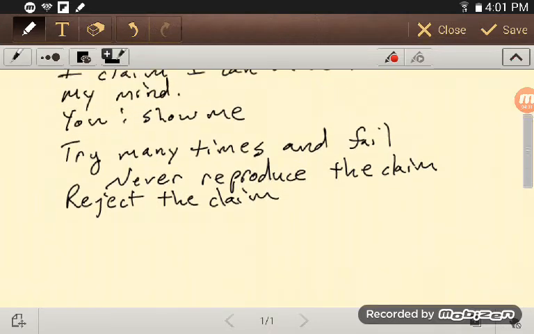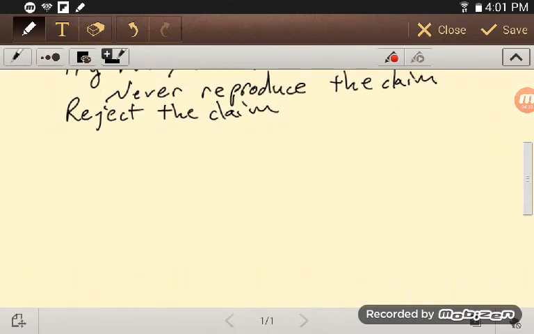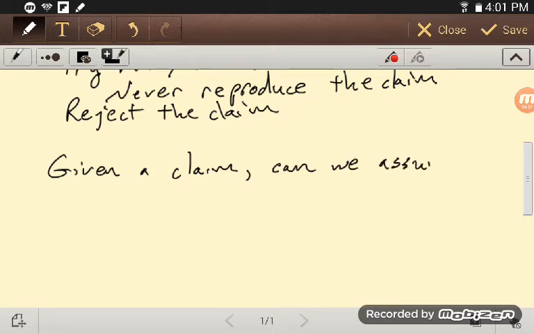That's the big picture, really: given a claim, can we assume the claim and, again, we'll see, we have to be a little careful about what we mean by a claim and so forth.